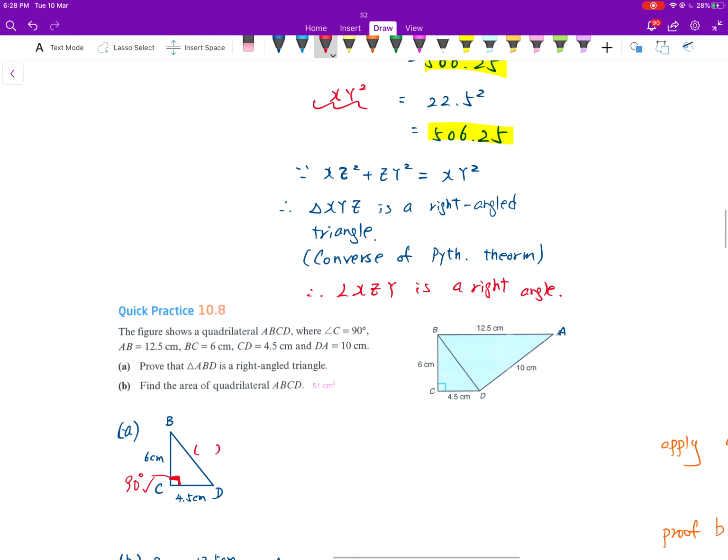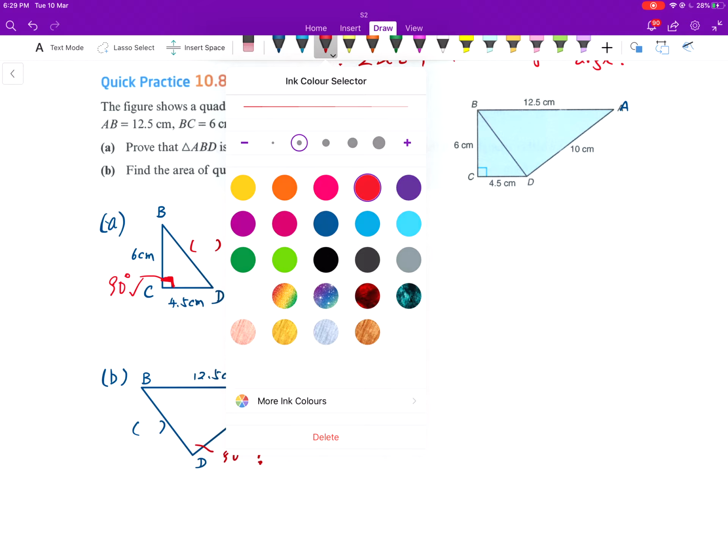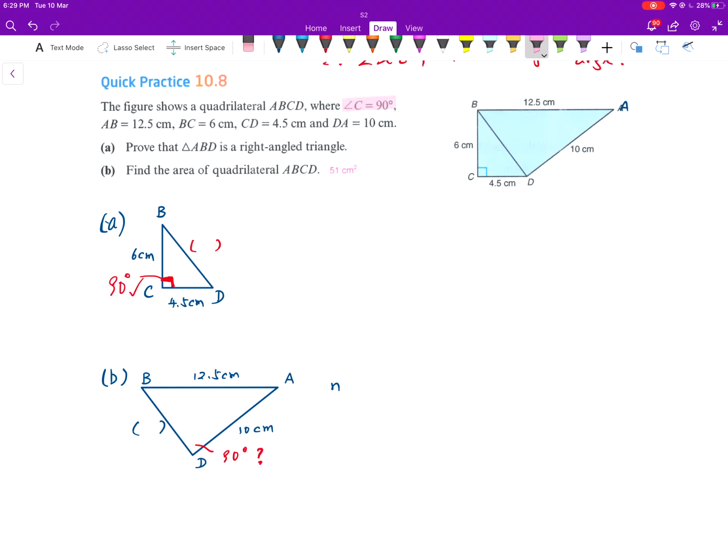Okay, another example question, quick practice 10.8. The figure shows a quadrilateral and angle C is given as 90 degrees.